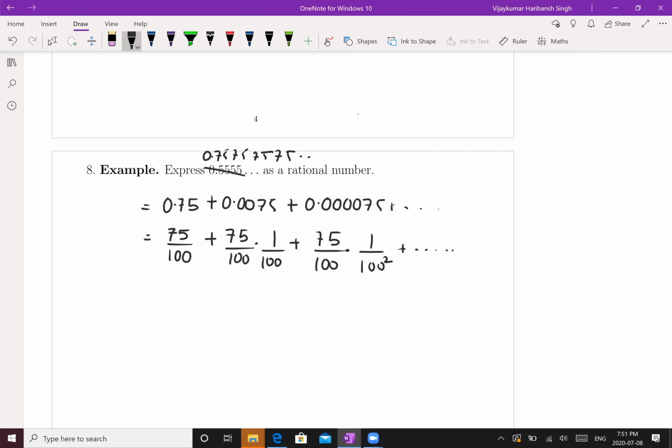So this can be written as a geometric series, summation n equals 1 to infinity of 75 by 100 times 1 by 100 to the power n minus 1.